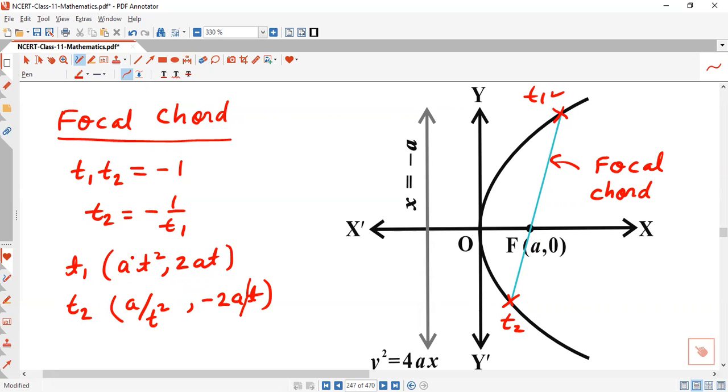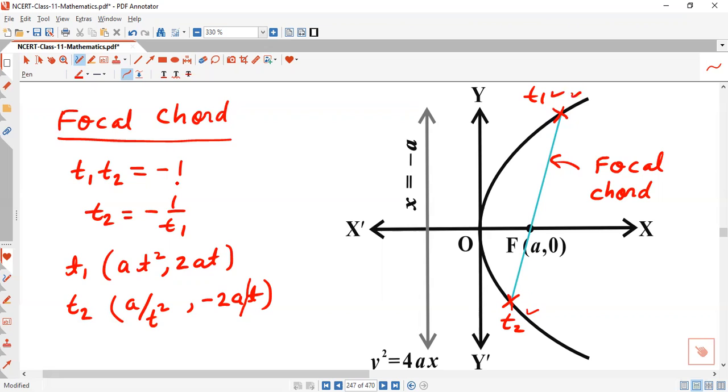So if you know the coordinate of one point, you can find the coordinate of the second end point of the focal chord very easily, directly: if the first is (at square, 2at), the second is (a upon t square, minus 2a upon t), because t1 t2 equals -1.